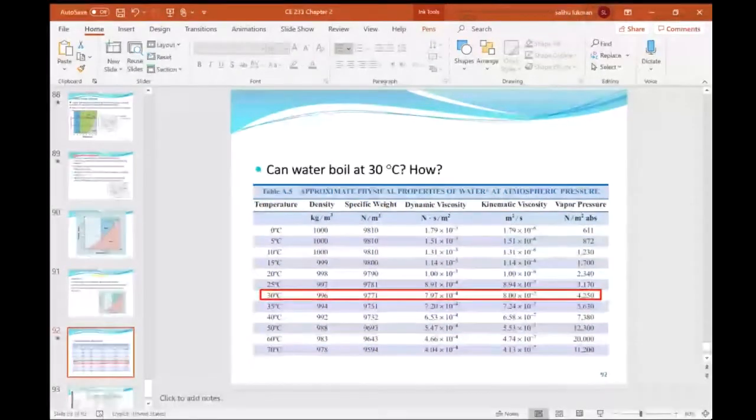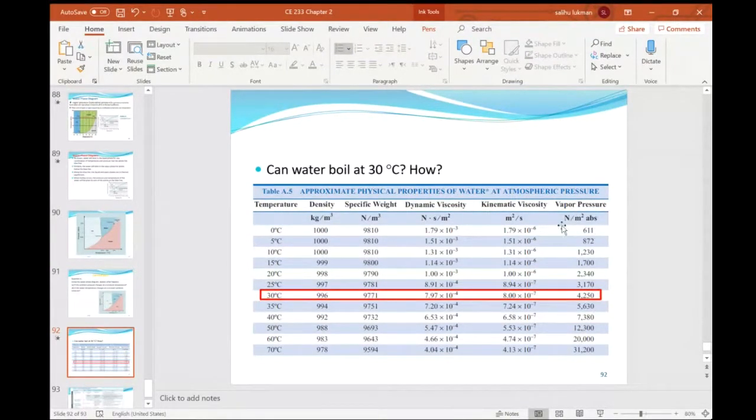And how can water boil at 30 degrees? We just look at the vapor pressure of water at 30 degrees, which is 4.2 kilopascal. Newton per meter square is also Pascal. This is absolute pressure.